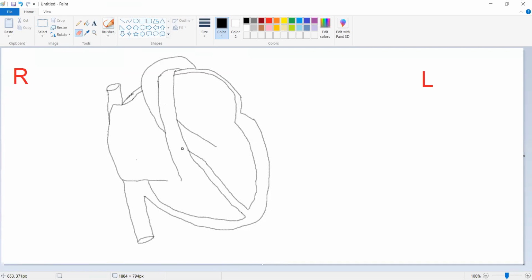Okay, so you have this. Don't worry if you don't get the shape perfect, you can always touch up later.